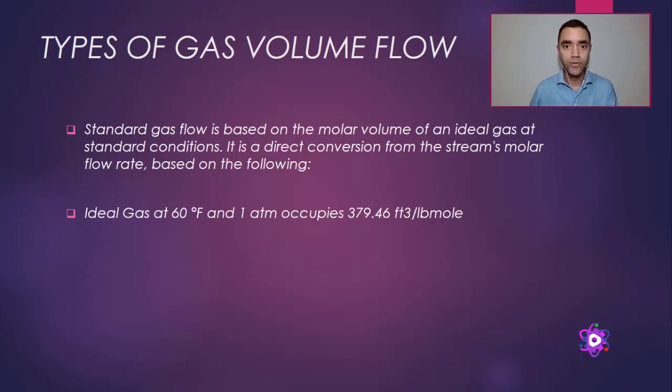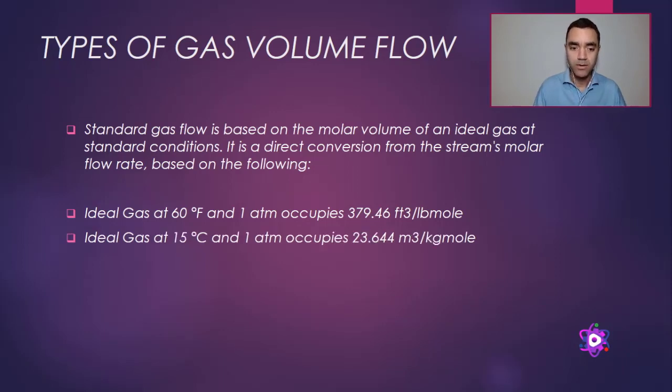Based on that, the references of temperature and pressure will be 60 Fahrenheit at 1 atm, and Aspen HYSYS uses as a reference value the molar volume, that is 375.46 cubic feet per pound mole, or 23.644 cubic meters per kilogram mole. This is for ideal gases, and these are the references for the volume flow of gases in Aspen HYSYS.